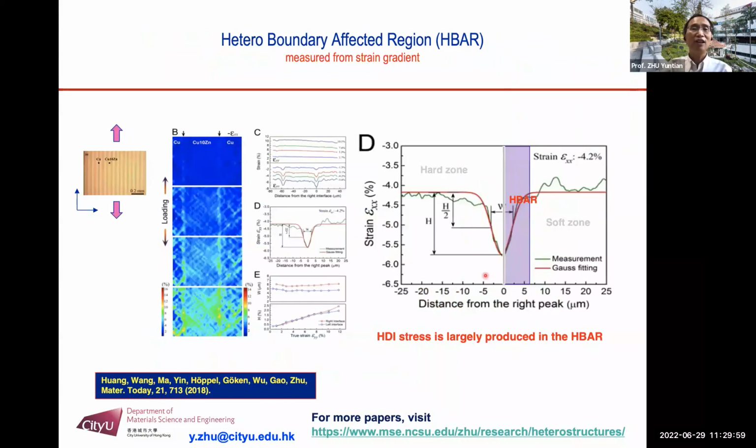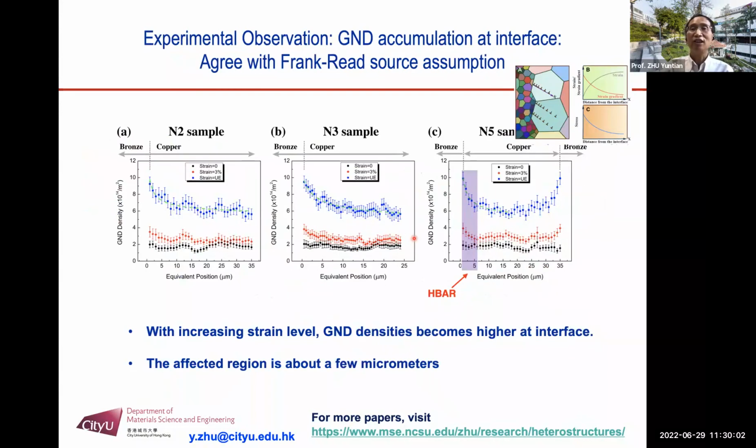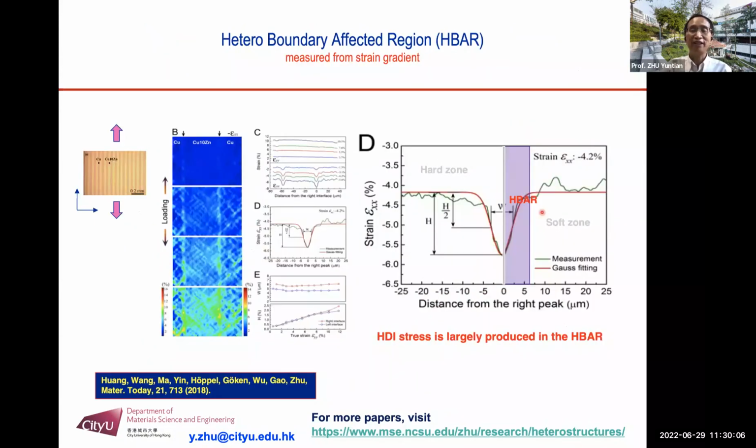Another way, if you look at that cartoon, is we talked about the strain gradient. So we also measured a strain gradient. This measurement is by high resolution digital image correlation. Indeed, there's a strain peak near the interface. However, this strain gradient is negative.